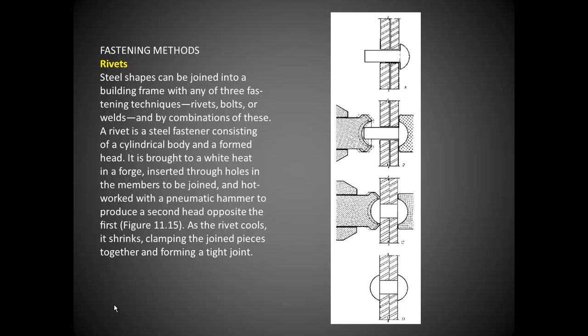They bring it to a white heat in a forge, insert it through the holes in the members to be joined, and work with a pneumatic hammer, forming the head over the other side to bring it tight. And as it cools, it actually shrinks and becomes tighter, so that it brings the steel even closer together. A little labor intensive and slow.